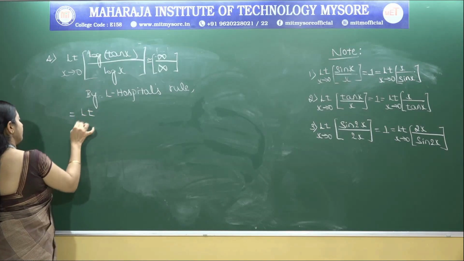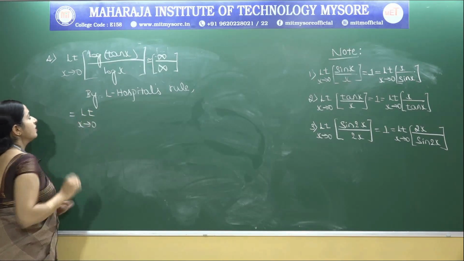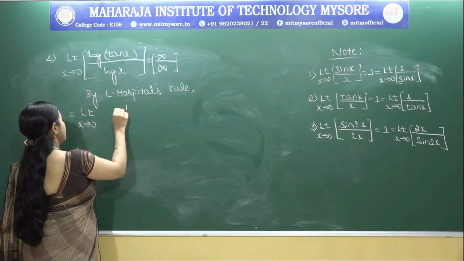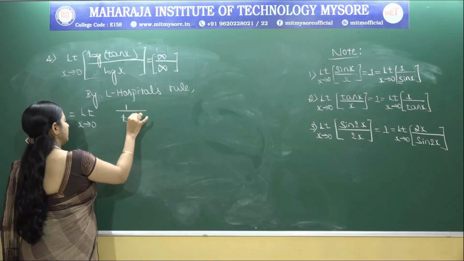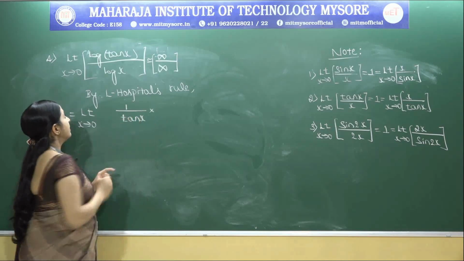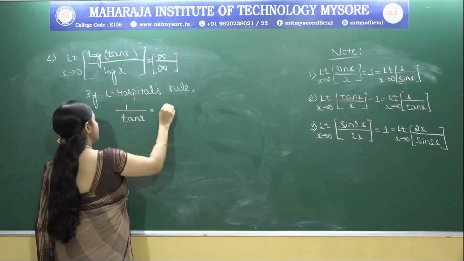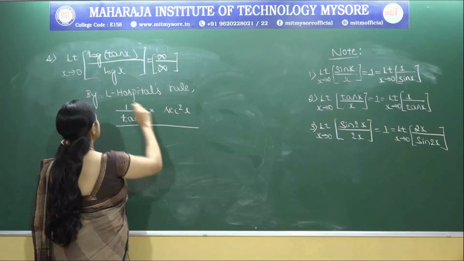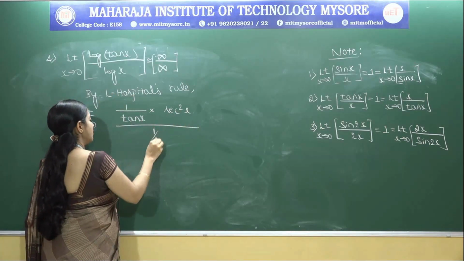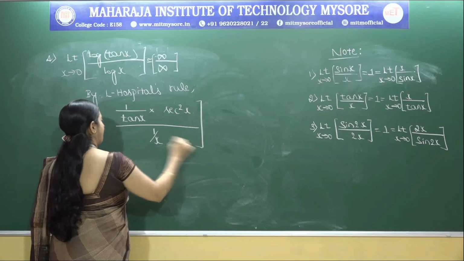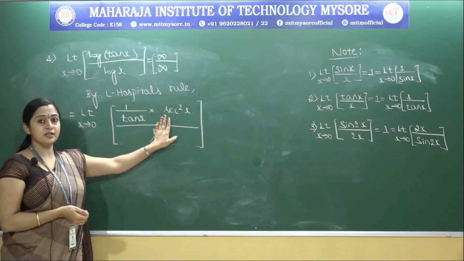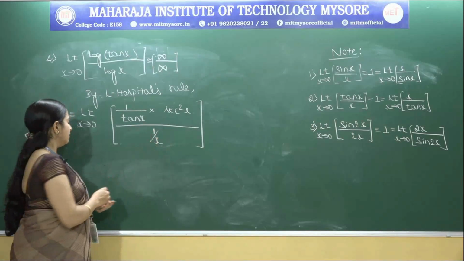The limit of x tends to 0, log of tan x differentiation is 1 by tan x. Tan x differentiation is secant square x. Denominator log x differentiation is 1 by x. Then first you simplify this, next you apply the limit.